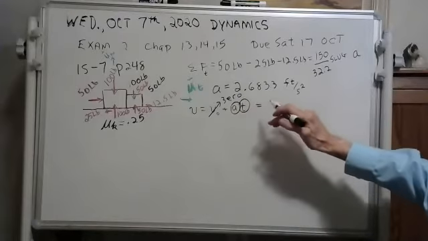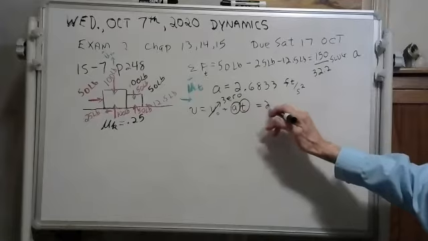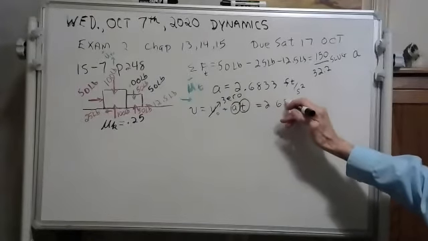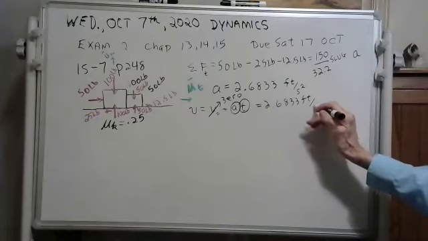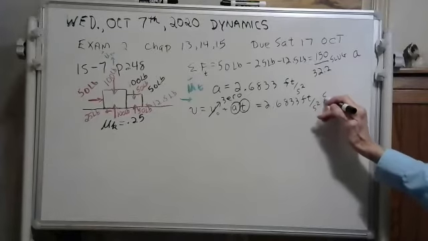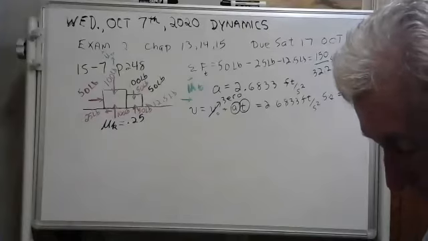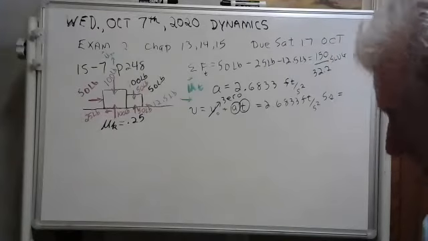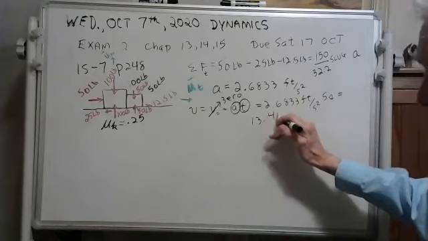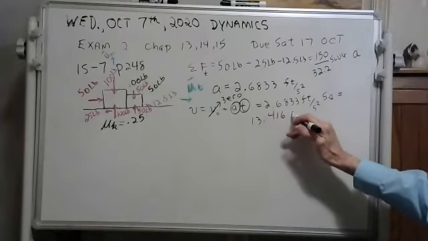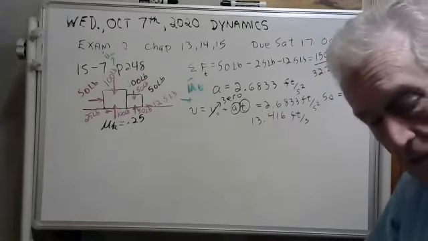So take this 2.6833 and multiply by 5 seconds, and we'll get the velocity. Here goes. I'm getting 13.41, a bunch of sixes, feet per second.